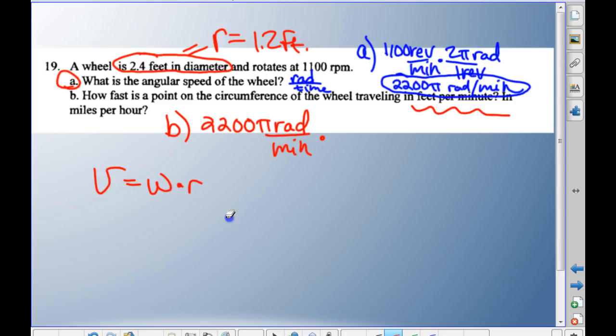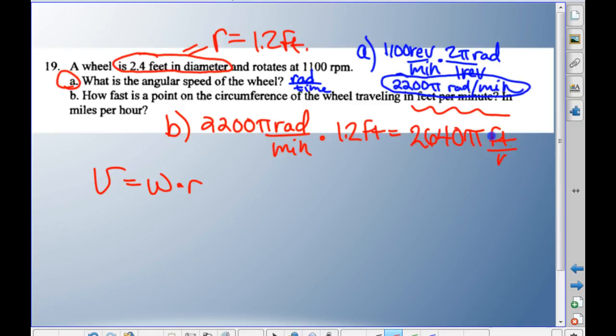So the formula on worksheet 11B says you multiply by the radius. So what is the radius? Radius is 1.2 feet. So if we multiply that, 2,200 times 1.2 is 2640. Don't lose pi, or go ahead and type it in your calculator, either way.